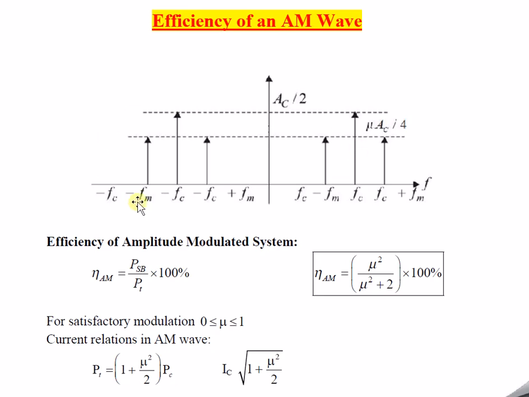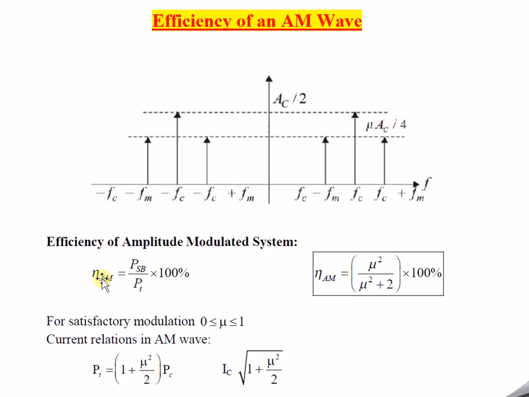In the same way, we will find the efficiency. I considered this diagram because in between we will get PSB, and PC. Efficiency of an amplitude modulation system is represented by eta AM, the symbolic representation of AM wave efficiency.